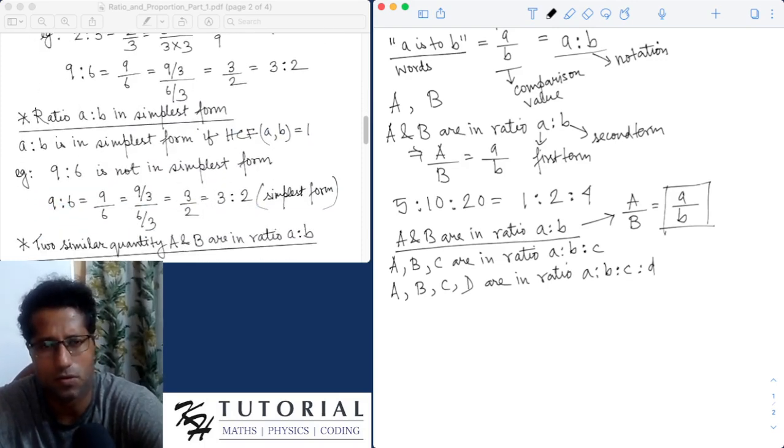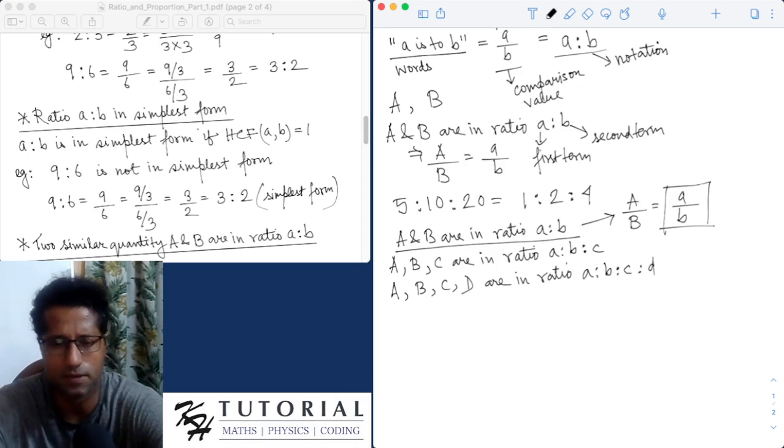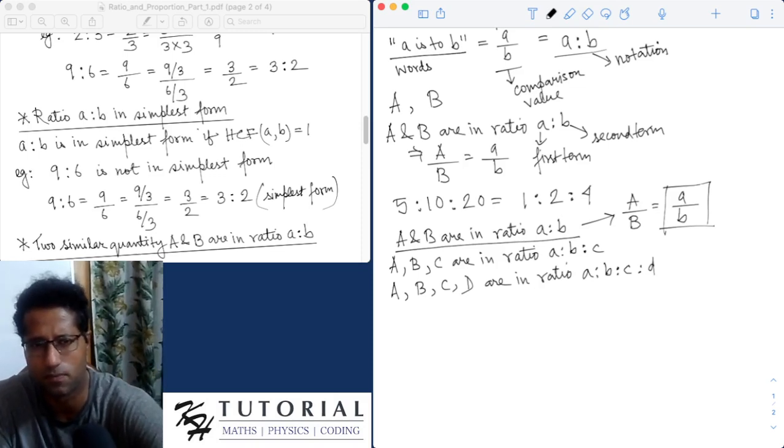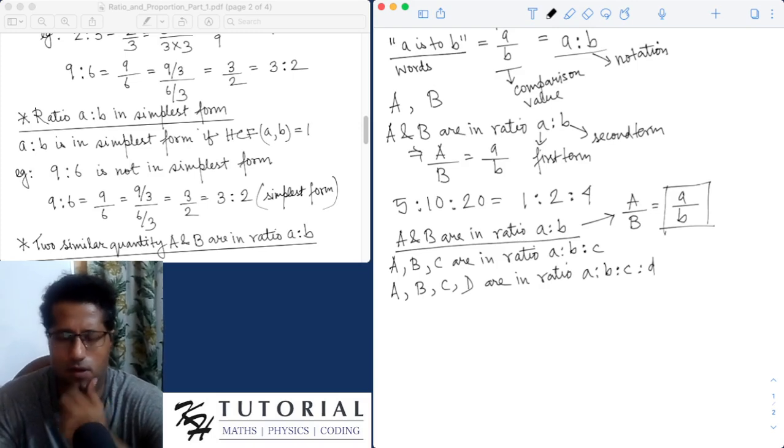Okay, now the ratio A:B in simplest form. When do we say that a given ratio is in simplest form? So a ratio A:B is given.